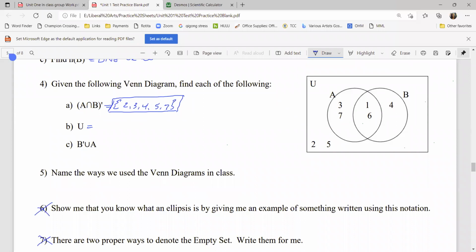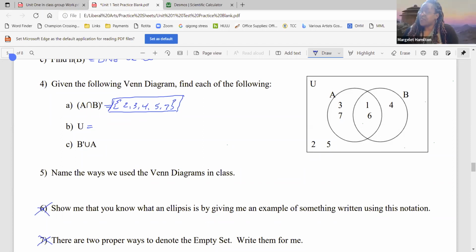That means we're excluding 1 and 6, that middle part where they share the numbers. That's correct. All right, give me the universal set. Is it 2 and 5? No. It's 1, 2, 3, 4, 5, 6, and 7.